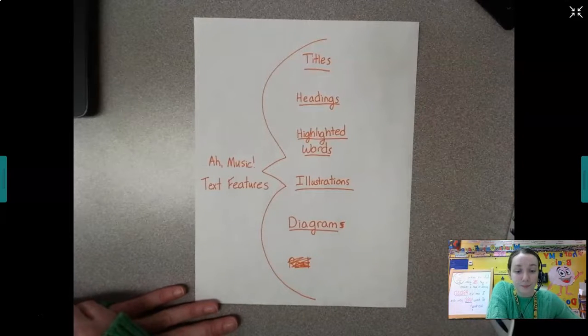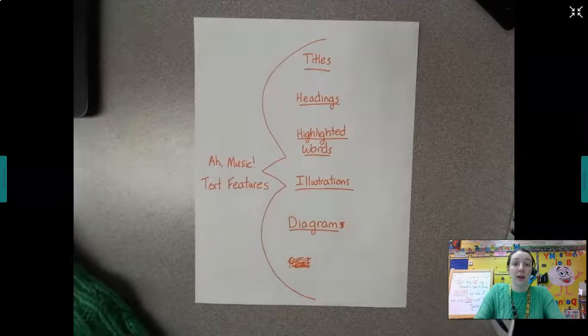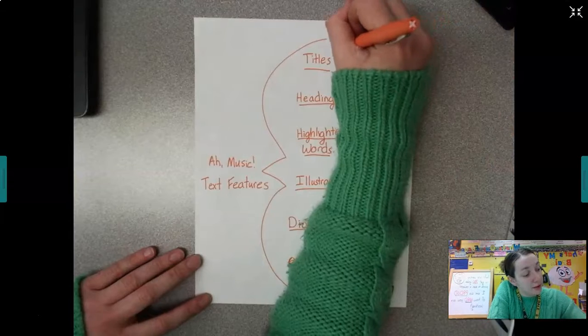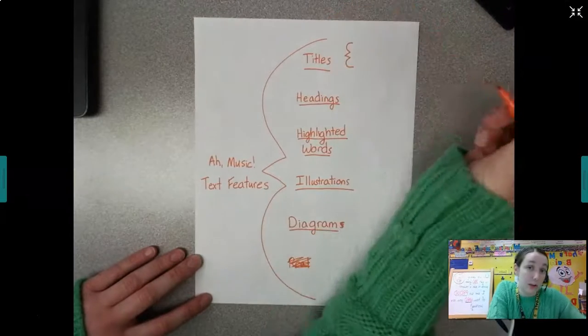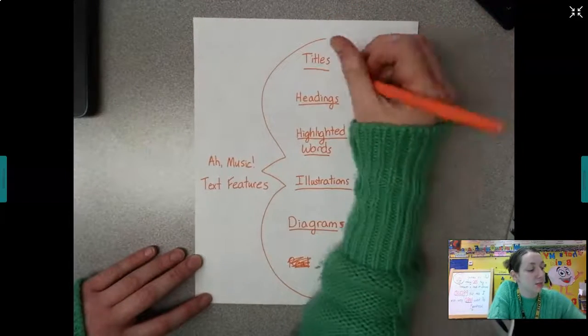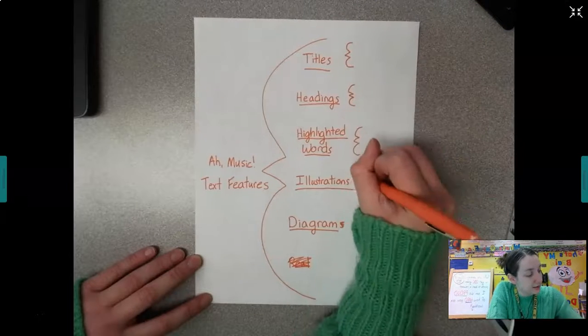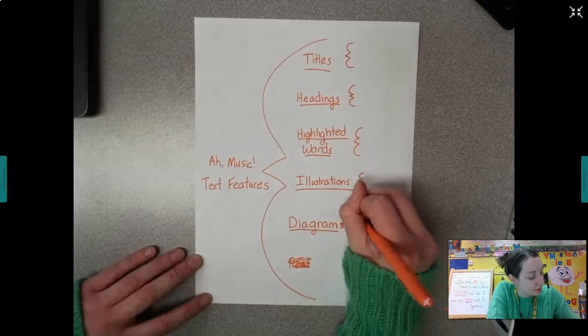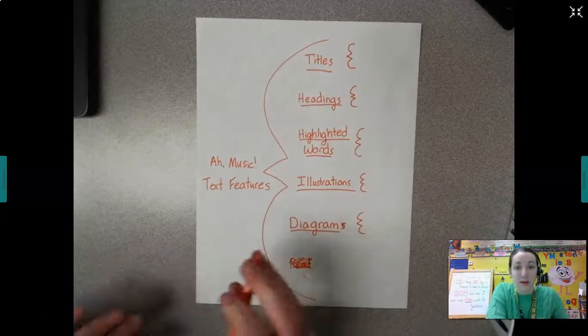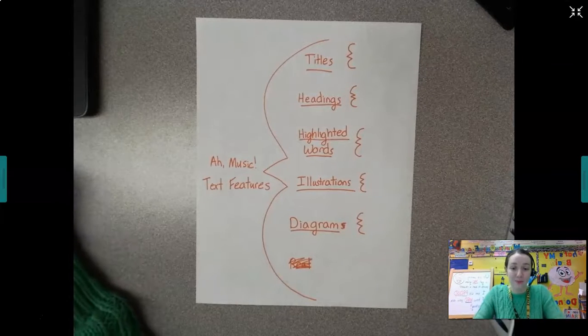All right? So remember with our brace map, we can also have a bracket in between. So like we did with our compound words, where we had the sentences and how they're broken up, we're going to put little brackets where we're going to collect examples from the text of these text features. Okay?